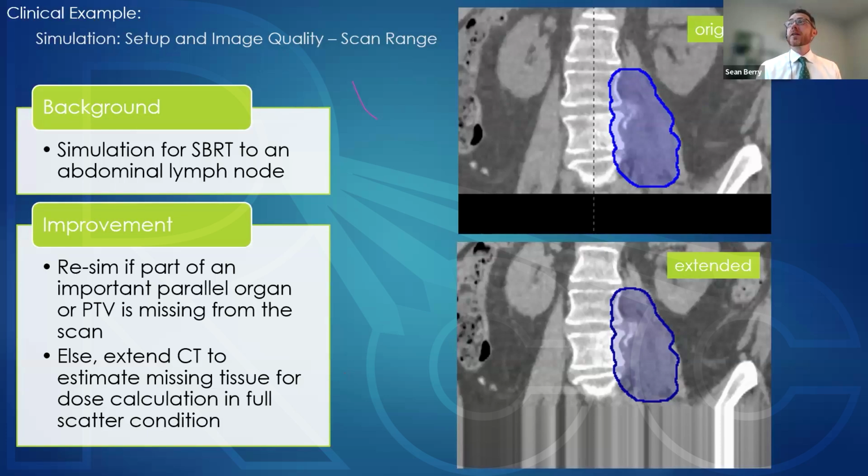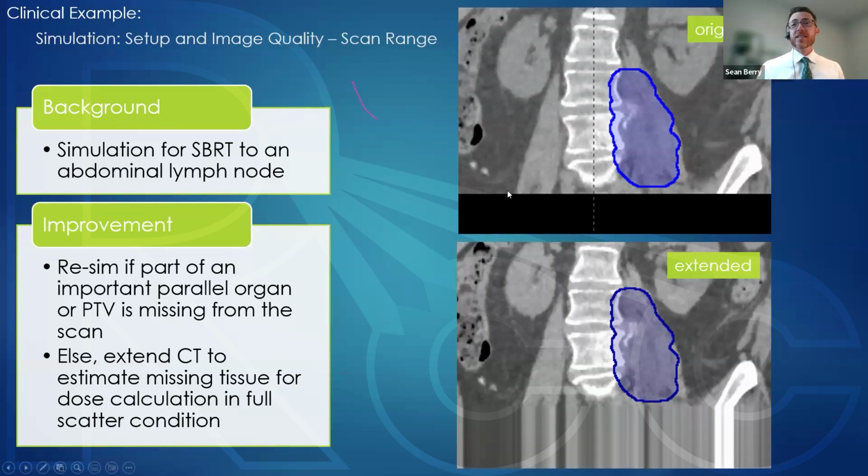Also, if you have nearby organs that respond as parallel organs, let's say kidneys or lung or liver, or some organ that you need to have the entire organ contoured in order to get an accurate DVH and evaluate the important dose metrics for that organ, you probably also have to rescan the patient.